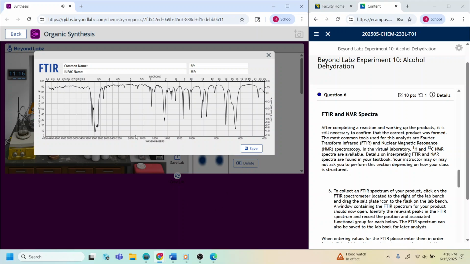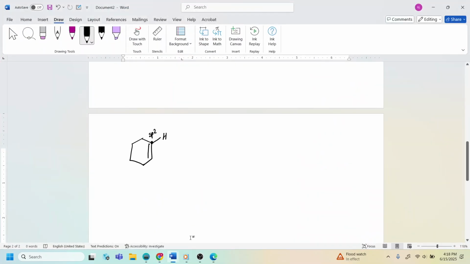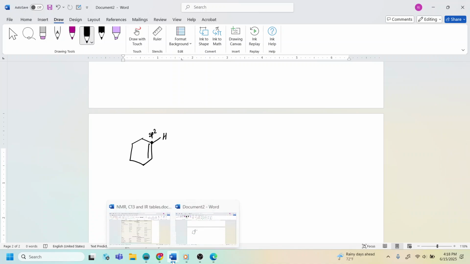So what we're looking for in the cyclohexane, again, please read the spectrum from left to right. We're looking for the functional groups of the cyclohexane. So this is going to be the cyclohexane in there, and we do have the vibration at a higher wave number for the CH stretch, the sp2 CH stretch.